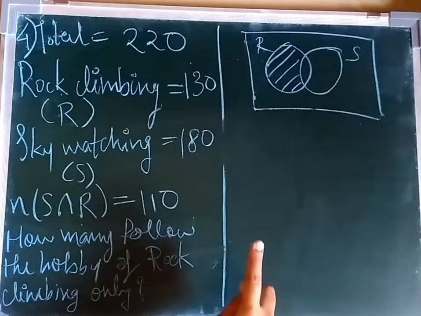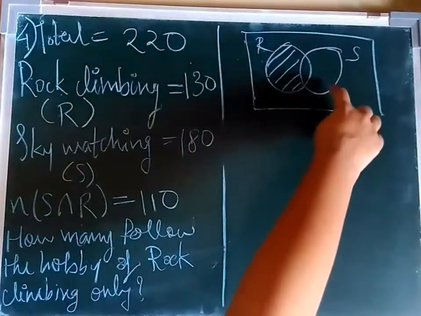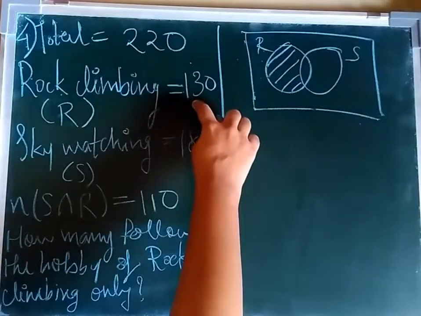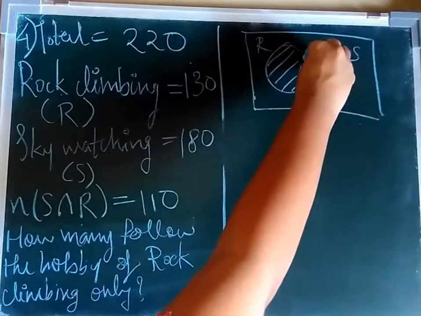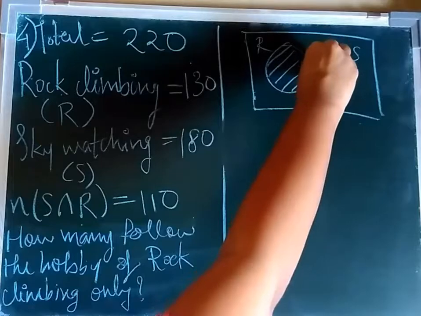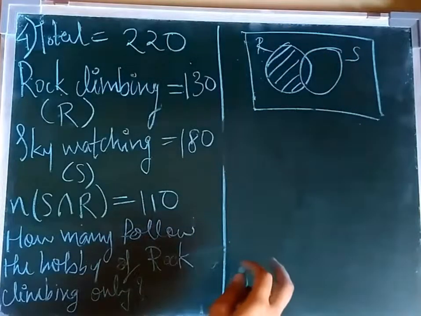To get that shaded part from whole of R, that is from 130, we need to subtract this common part. What is that common part?